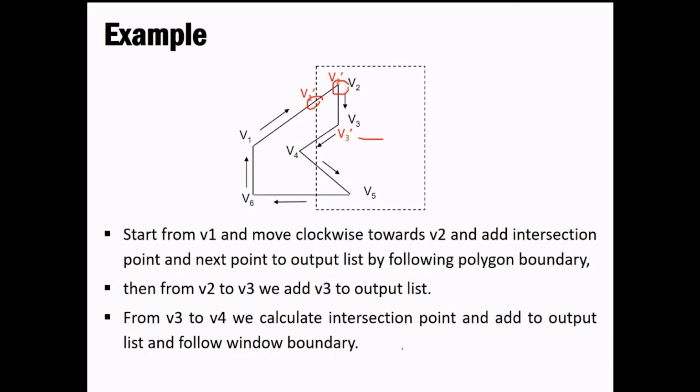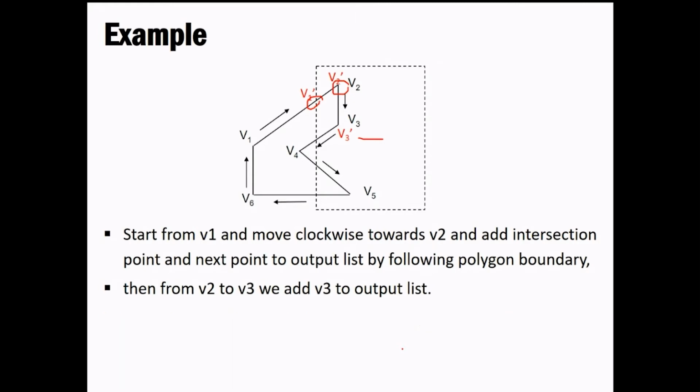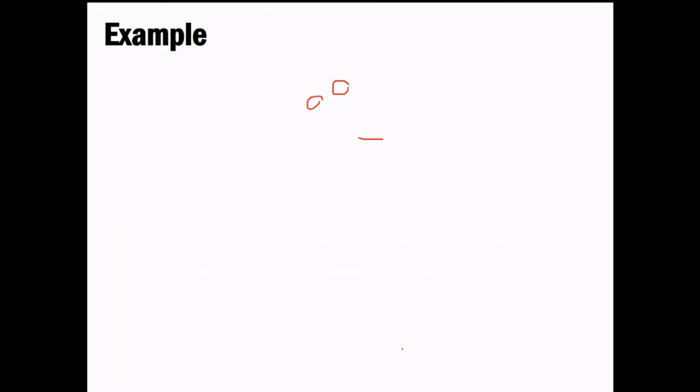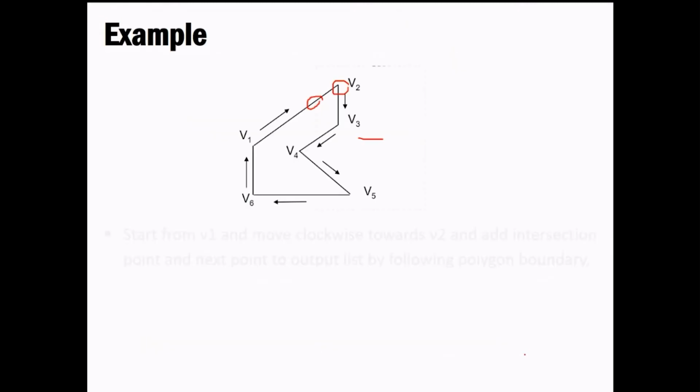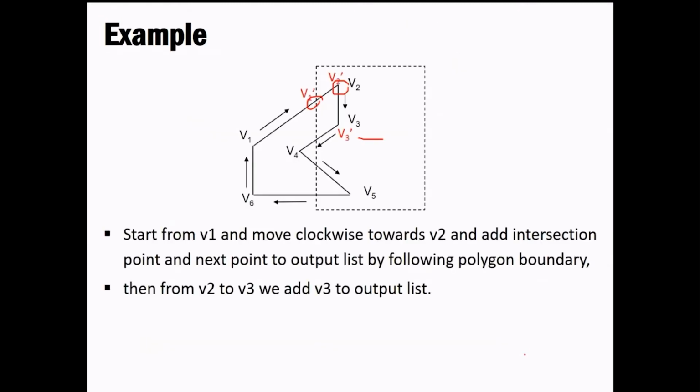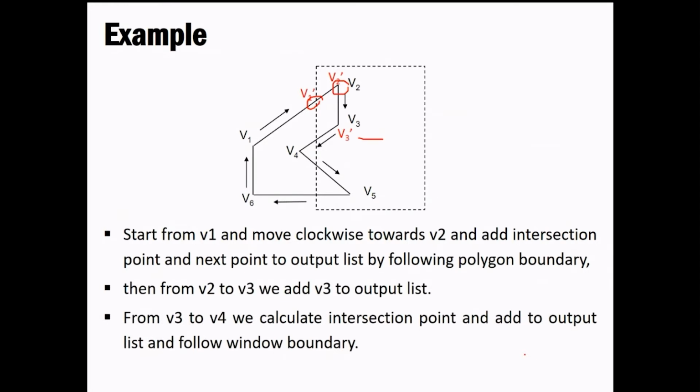We have to do that anyway, but now this algorithm says that in this case, what then? Now from inside to outside, as you can see, our second point is getting satisfied. So follow the window boundary in a clockwise direction. One thing we have to make sure is that we are following the window boundary. So this is the case we are getting, V3 to V4.